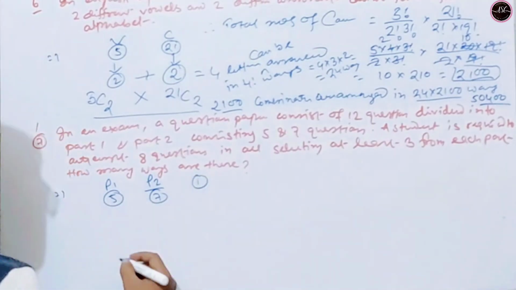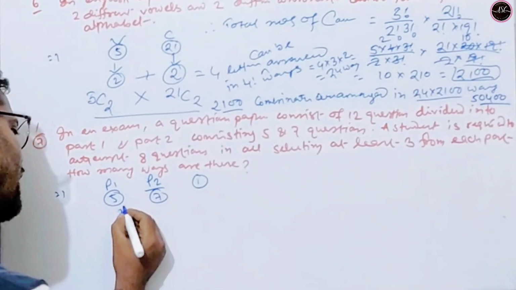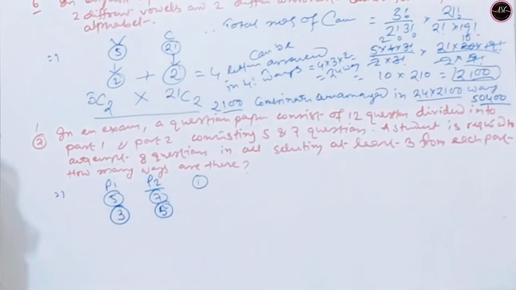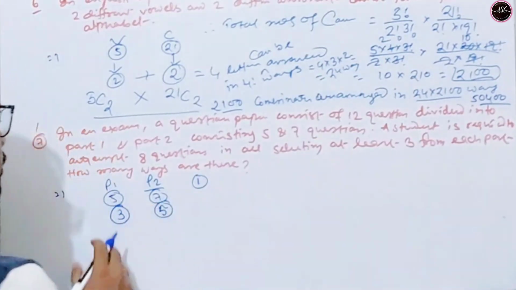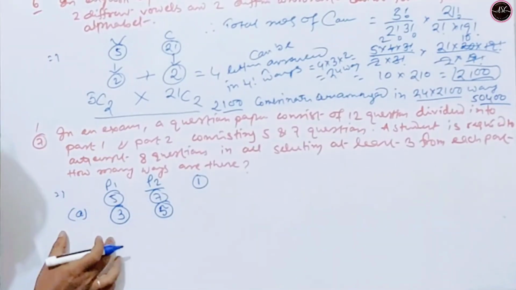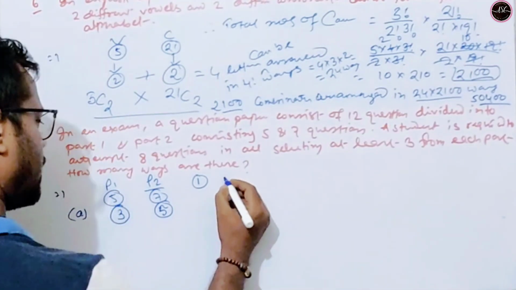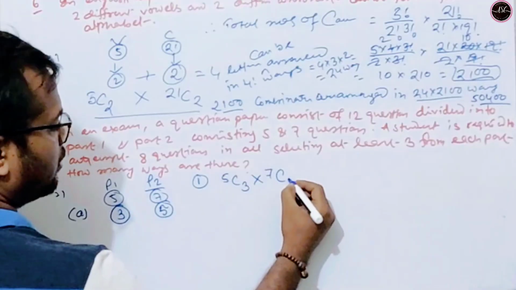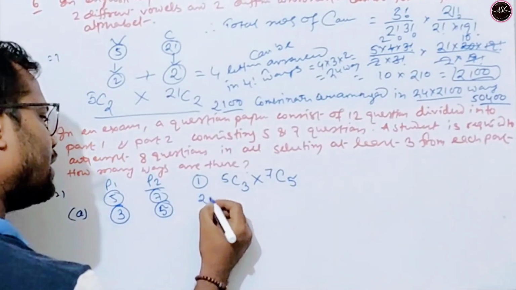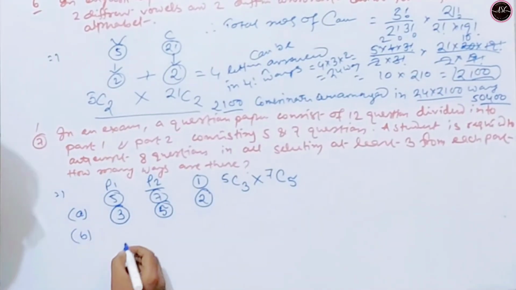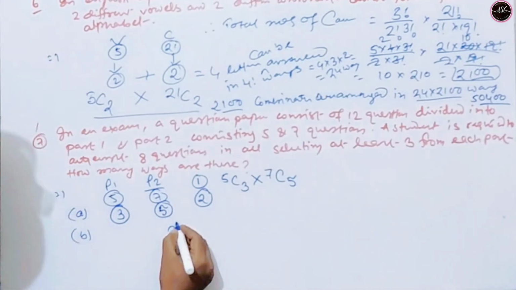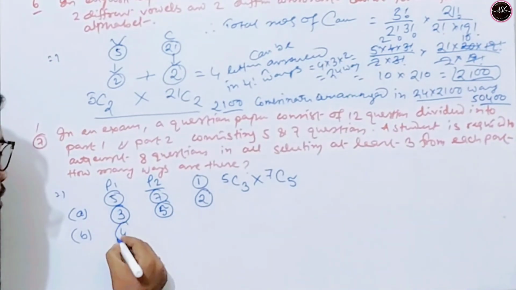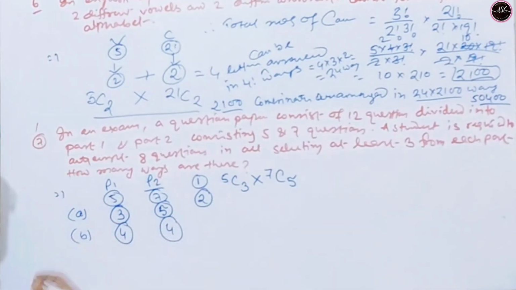The possible ways: if a student selects 3 from part 1, then 5 from part 2. For this condition, we have out of 5, 3 in part 1, into out of 7, 5 in part 2 ways. Okay, and the second condition, that means B: if he chooses 4 in part 1, then he chooses 4 from part 2.